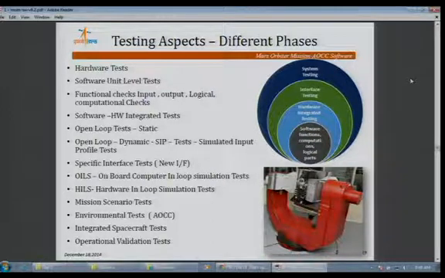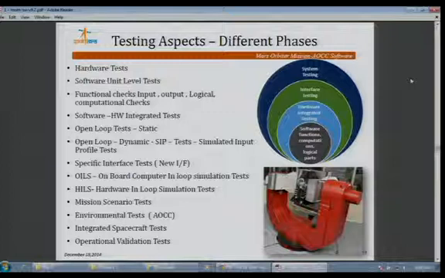And special interface tests. Suppose we get a new interface, we normally do a new interface test so that there is no problem in integration. Another major test is the onboard computer in-loop simulation, where the onboard computer alone is present and the rest of the systems are simulated, and the hardware in-loop simulation, where the actual hardware control system elements are present. The mission scenario test is very important for us, where the actual mission scenario is envisaged.